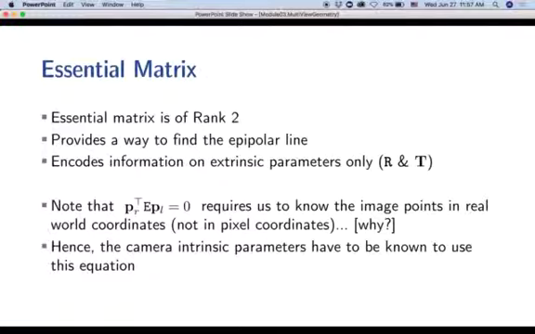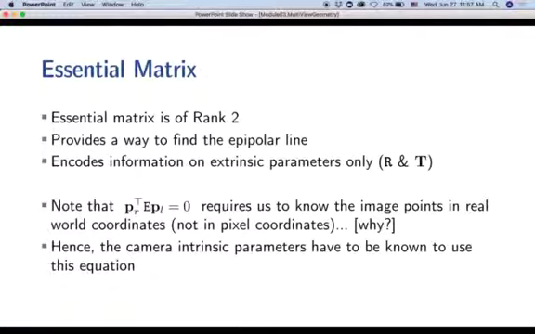You'll have to do that conversion, and you'll also have to account for the image origin not being at the principal point, which typically it is not. Typically the image origin is at the corner of the image rather than at the principal point, which is close to the center. So you'll also have to do that conversion.